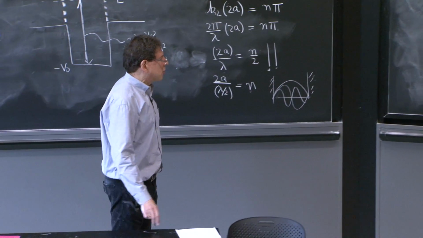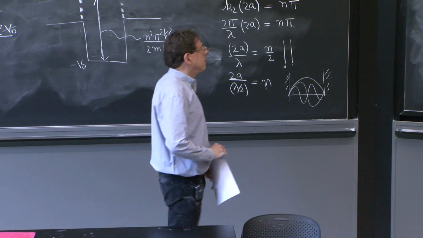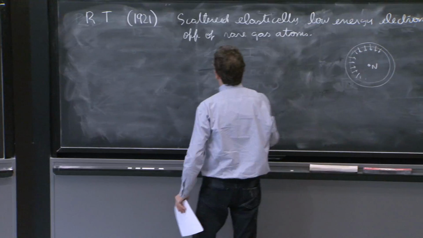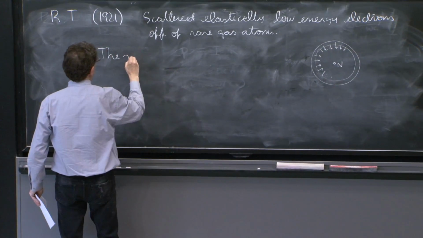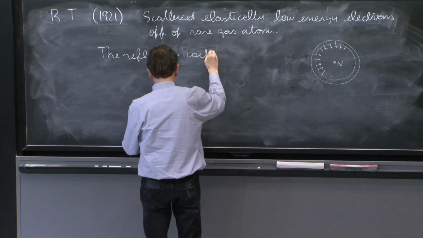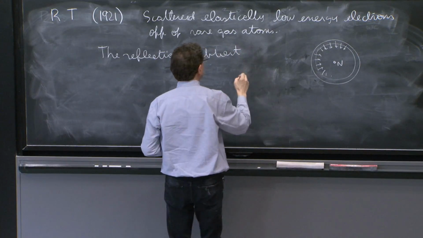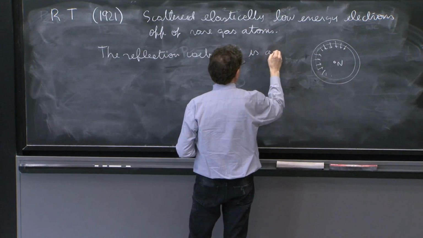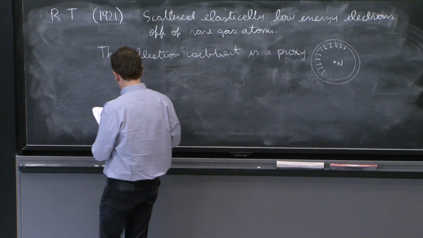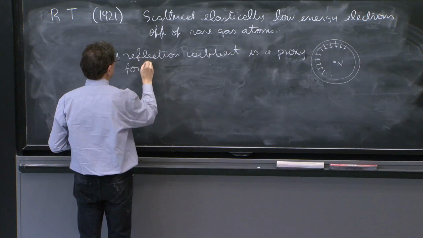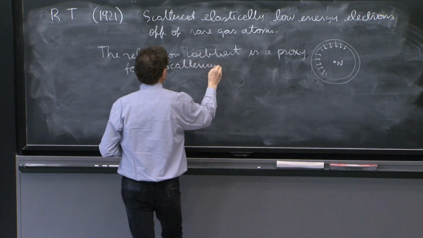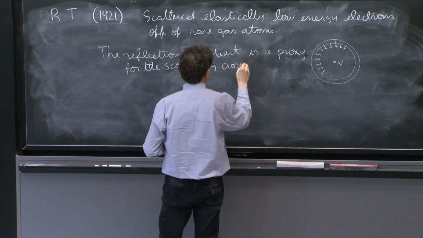So the reflection coefficient was for them a good proxy for the scattering cross-section.